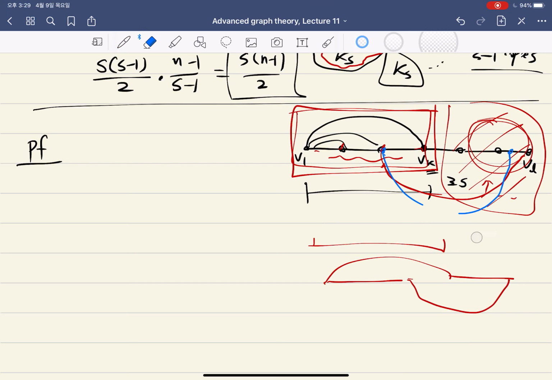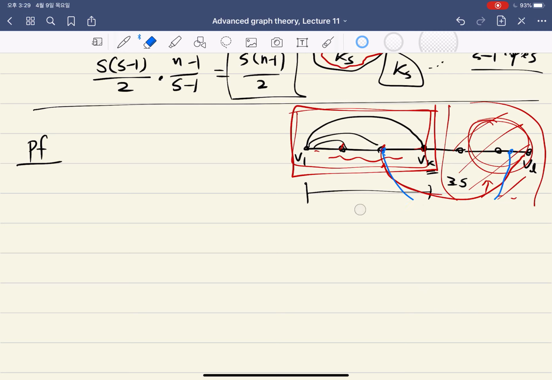So with that in mind, it's convenient to not just take a path with the longest length, but also the longest path which ensures the largest degree on this p1.